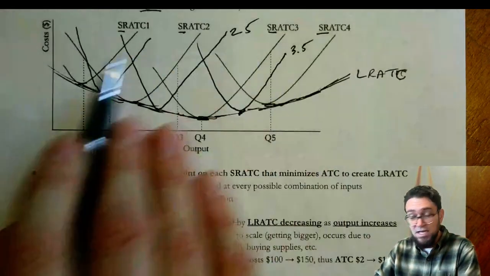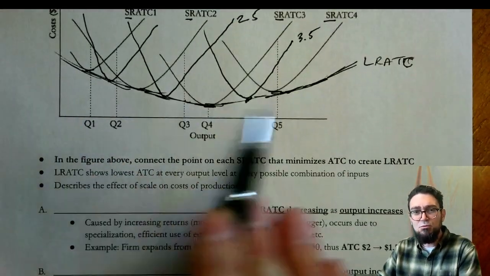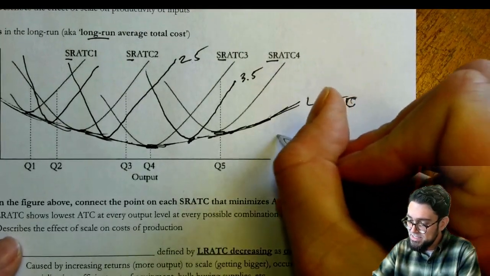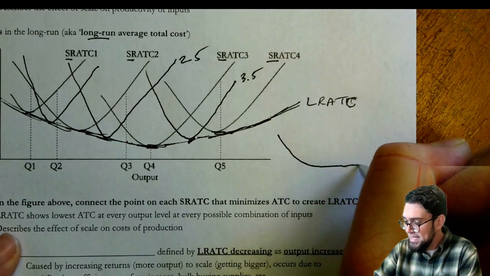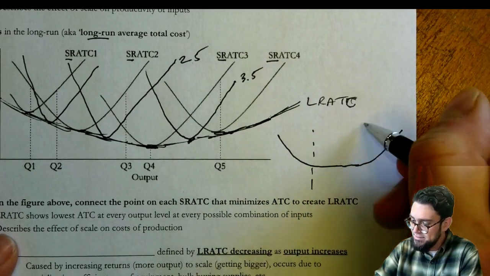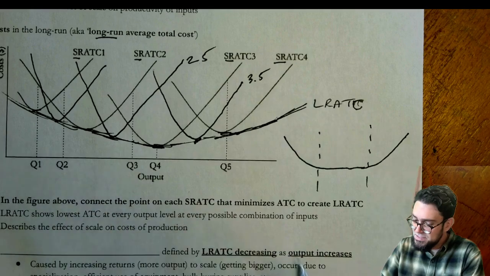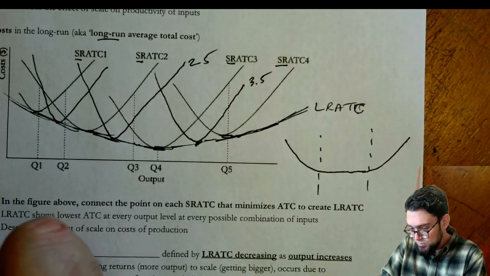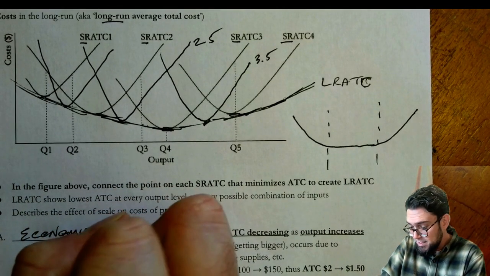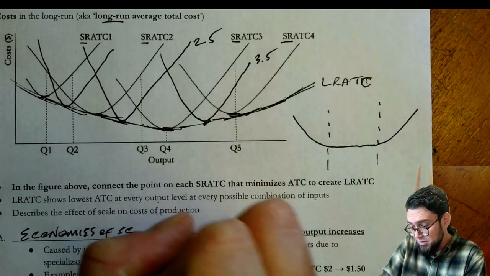Now, what we find in every company is that they kind of have three ranges where this occurs. And what really occurs for most companies is that it comes down and it kind of flattens out, that LRATC, and it starts to come back up again, just like that, right? And so you'd have this stage one, and we call this stage one economies of scale.